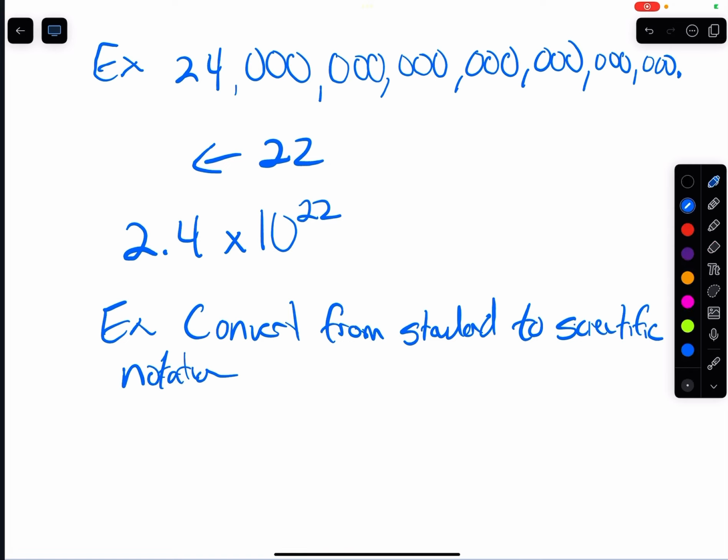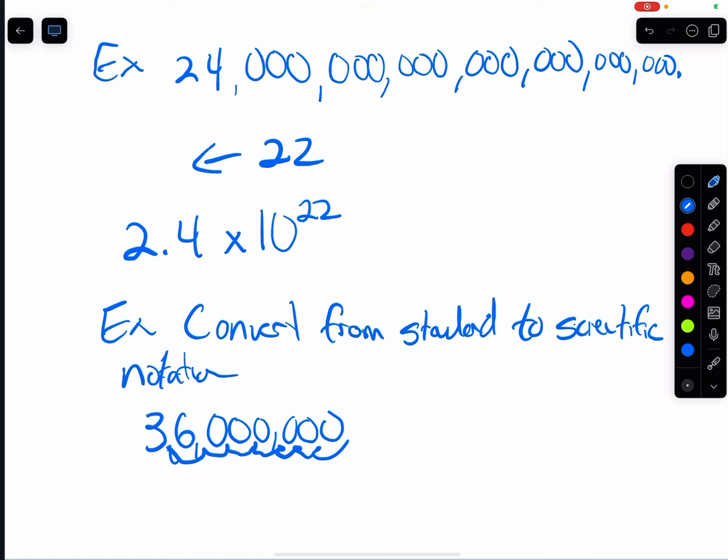Let's just imagine that we have 36 million, a number that we probably can work with a little bit more easily. How do we move that to scientific notation? Well, we have 1, 2, 3, 4, 5, 6, 7 decimal places we need to move. So that's equal to 3.6 times 10 to the 7 power.